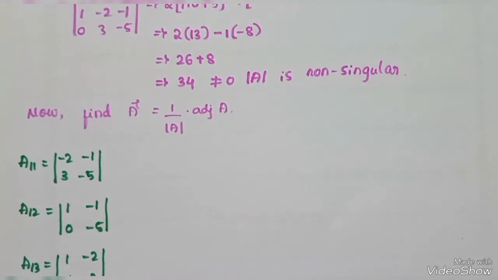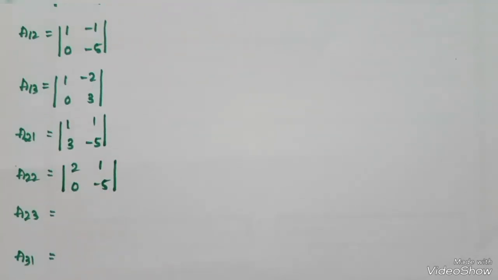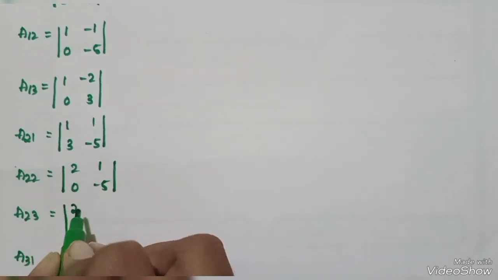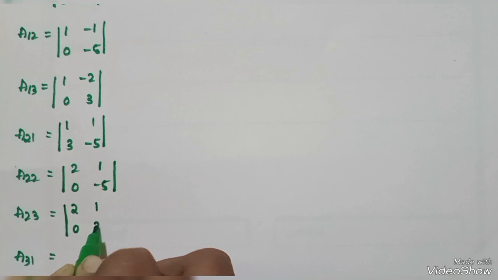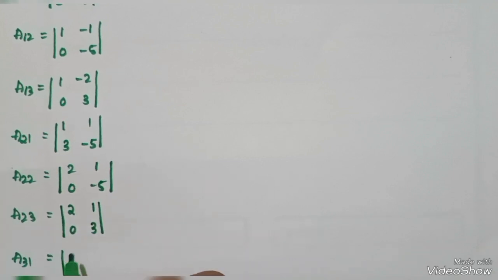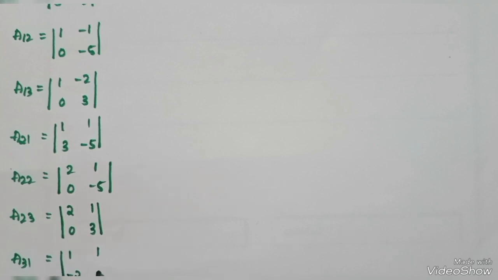Next for A23, 2 1, 0 3. Next 1 1, minus 2 minus 1.